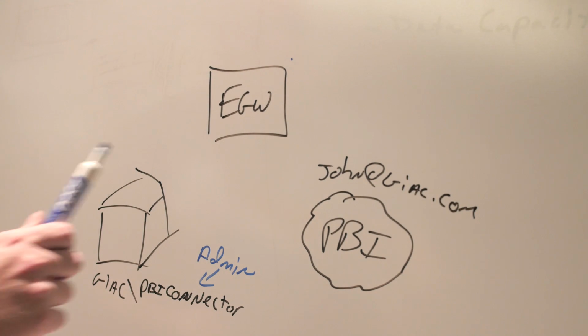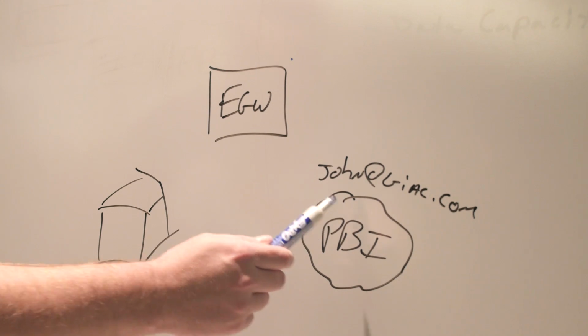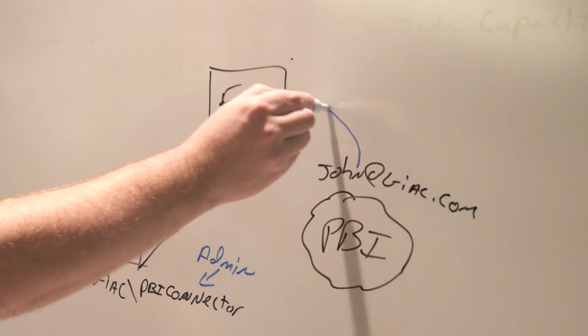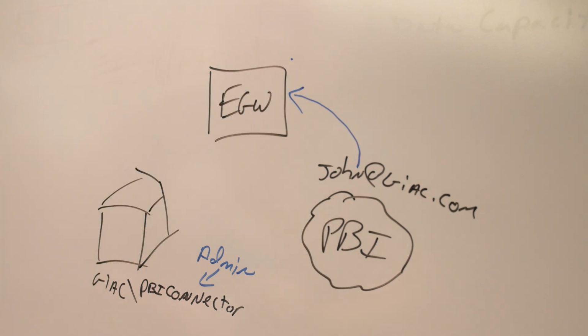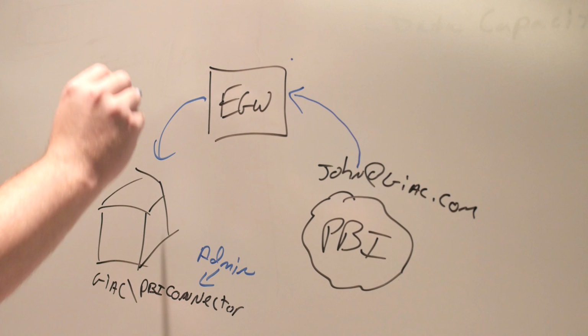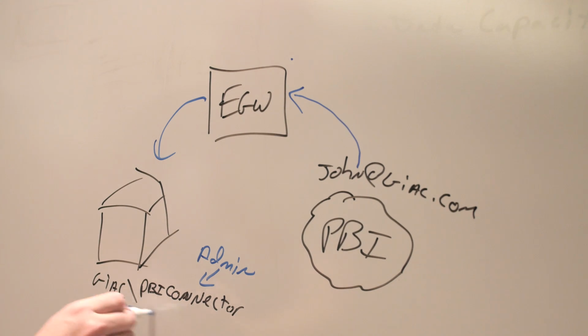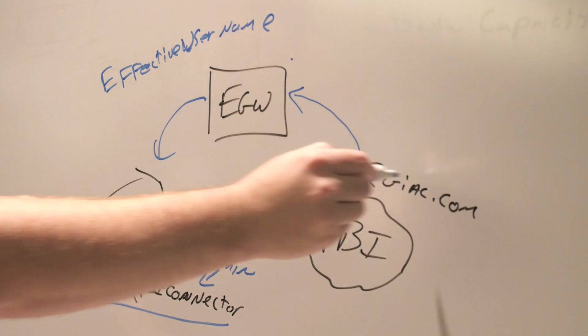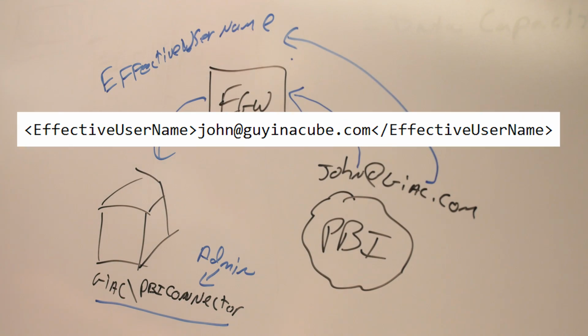Then, when we try to use that live connection, Power BI will pass this email address to the Enterprise Gateway, and the Enterprise Gateway will pass that down. It connects as this user, and then uses EffectiveUserName with that email address.